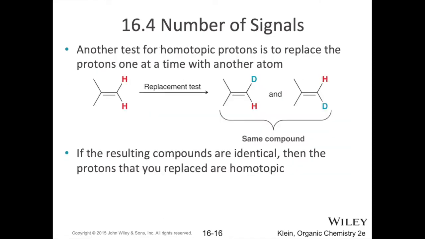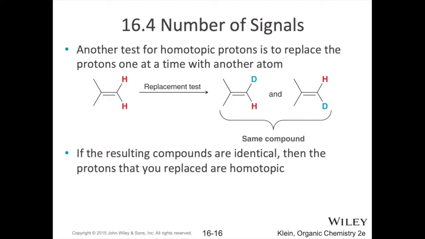If you're having trouble seeing this with just the molecule as it's drawn, one way to test whether two hydrogens are homotopic or not is to swap one of them out with something, and then of course swap out the other one as well. So essentially, you're building two models.